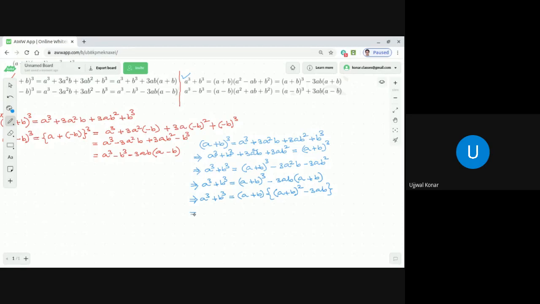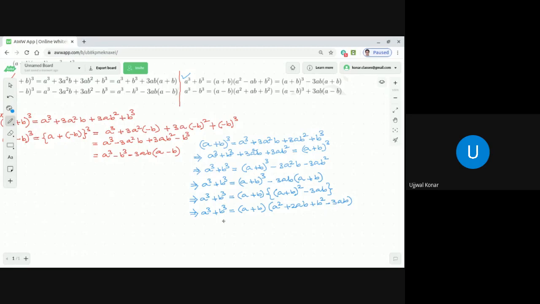So this implies a cube plus b cube is equal to (a + b) into [(a + b) whole square, which is a square plus 2ab plus b square, minus 3ab].